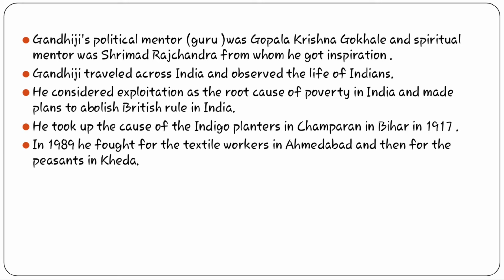This was the first activity done by Gandhiji. After that, Gandhiji forced the British government to make inquiries into the injustice done to them. In 1918, he fought for the textile workers in Ahmedabad and then for the peasants in Kheda, Gujarat. These all things we have studied in 8th standard. I hope you remember all these things.